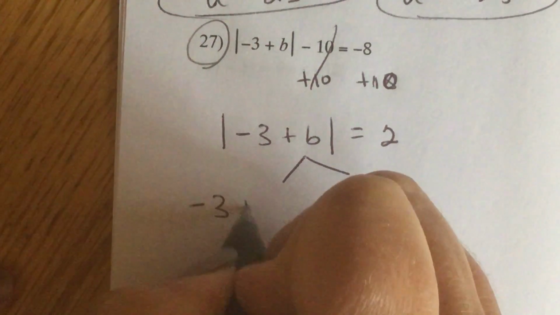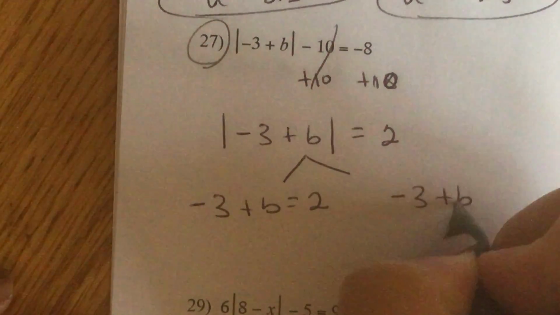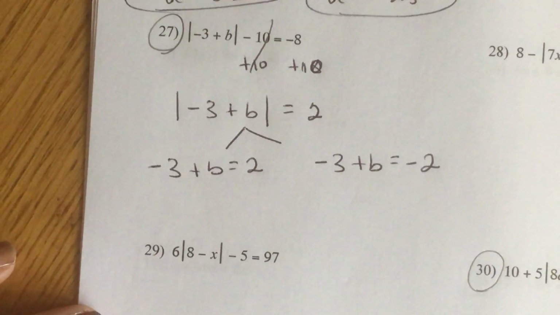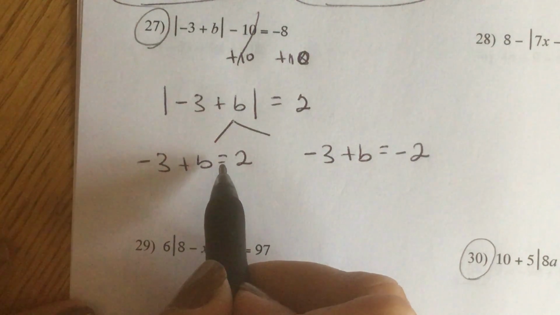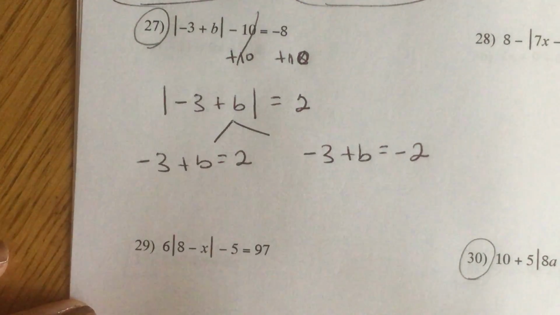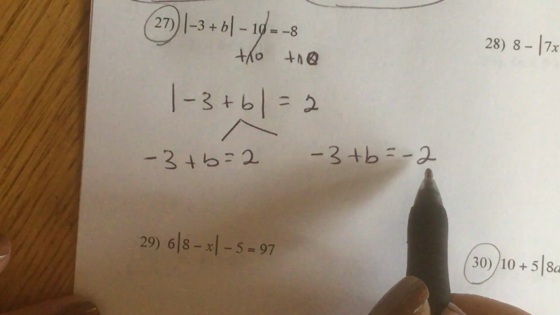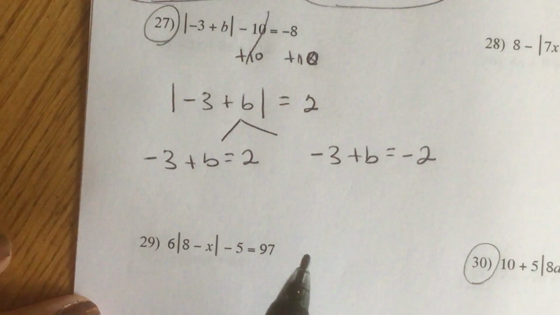So we have negative 3 plus b is equal to 2, and negative 3 plus b is equal to negative 2. Oh, sorry, I'm zoomed in too much. So you have your regular equation, what I call the regular equation, where you just get rid of the absolute value bars. And then you have the other one where you change the sign of the answer. Do not ever change the sign on the inside.